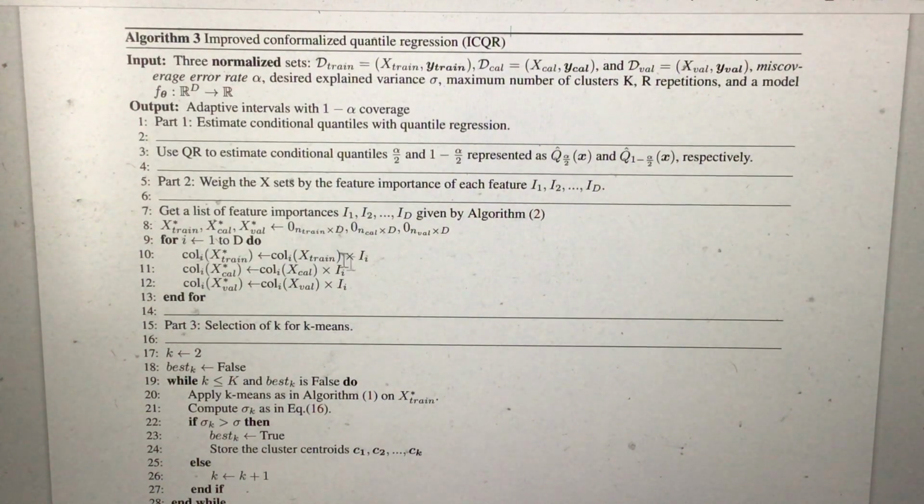This column of the X star training data will be the column of X training data times the I. Yeah, so the same as the calibration and the test data for each feature. So we will get the completed X star training data, X star calibration data, and X star validation.